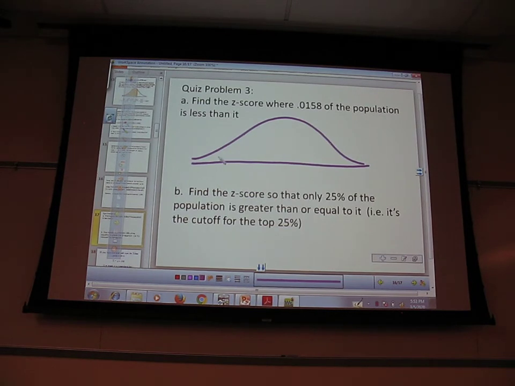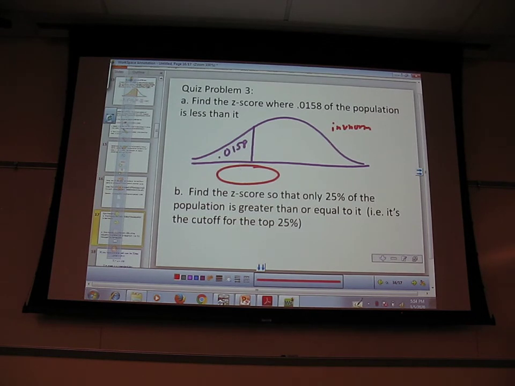Left. 0.0158 on the left. We need to find out what this z-score is, so we're going to do inverse norm of the area on the left. What's the area to the left of this z-score? Not a trick question. Yeah, just right here. It is this area here.